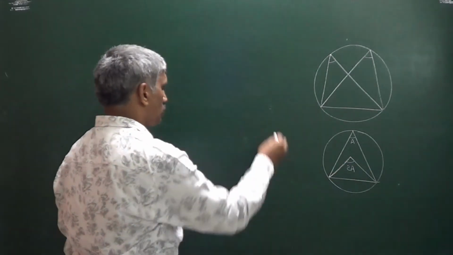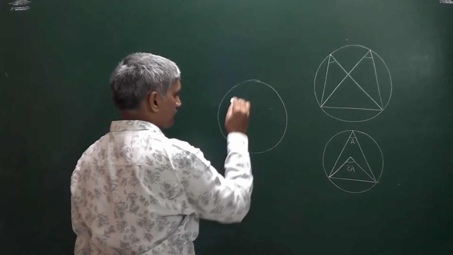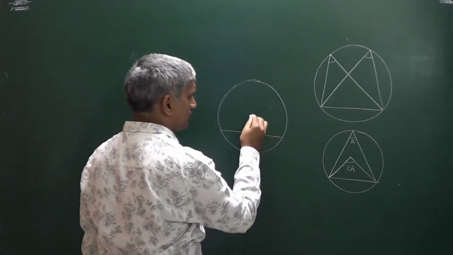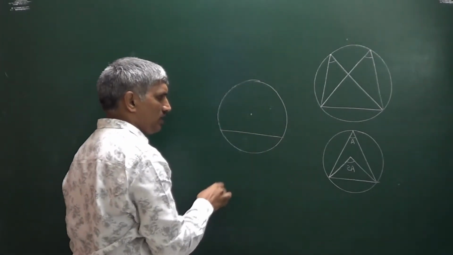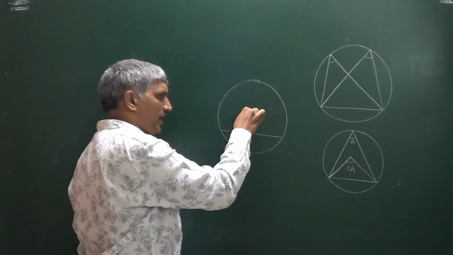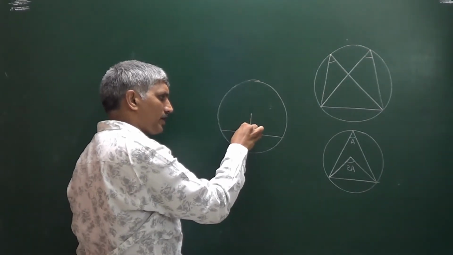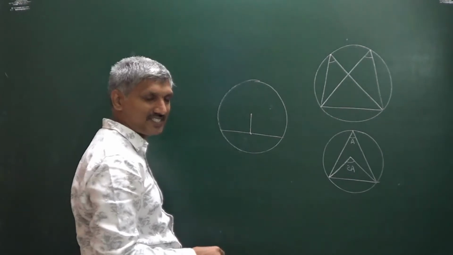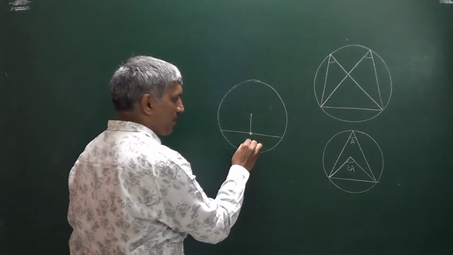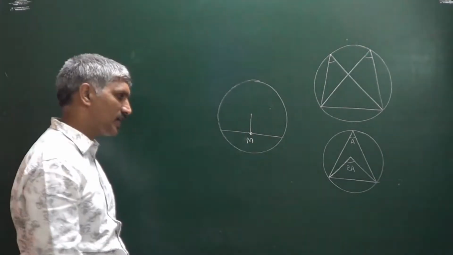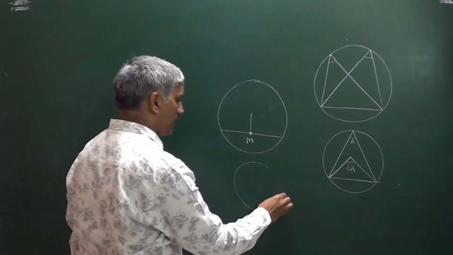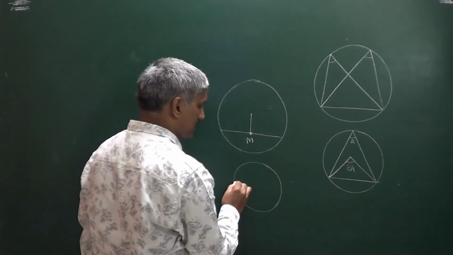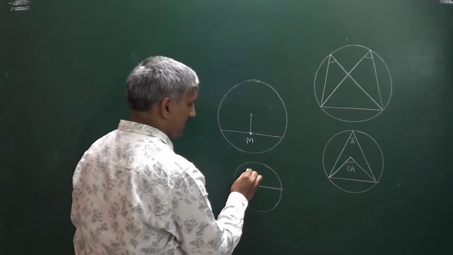Right? So now this is the circle and this is a chord. From the center of the circle onto the chord, a line is drawn perpendicularly. It bisects the chord. This must be the middle point. At the same time, you know very well, the angle in a semicircle is equal to 90 degrees.